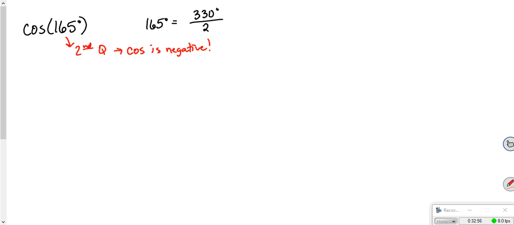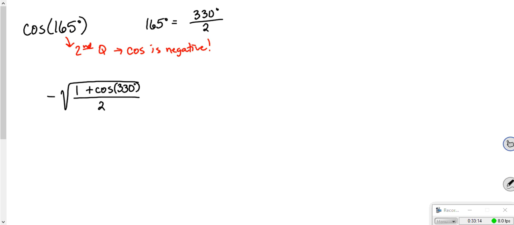Okay, so now we have minus square root of (1 plus cosine 330 degrees) all over 2.